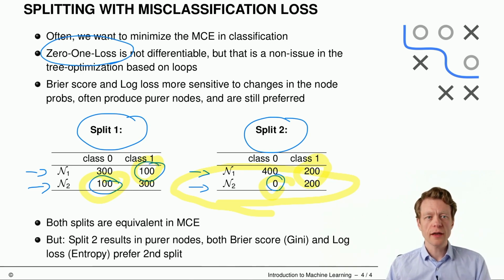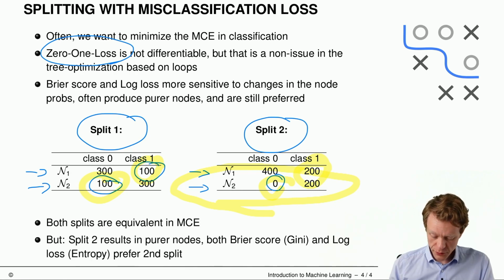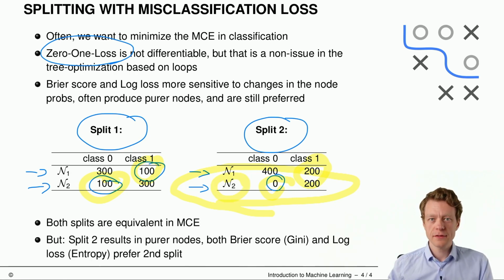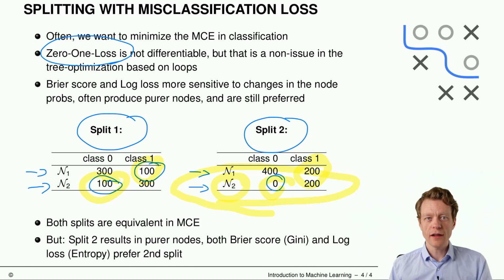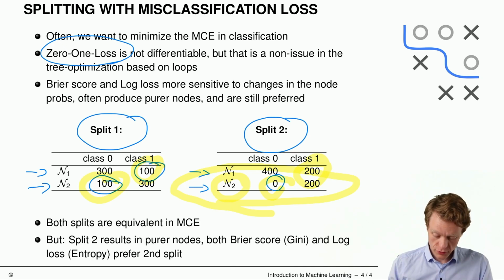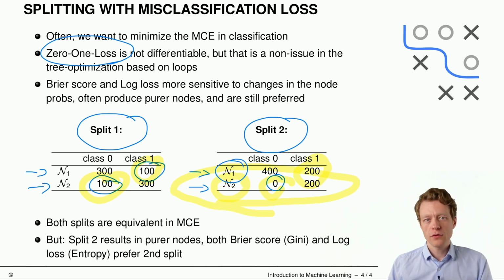But if you use Brier score or log loss, then we end up preferring the second split, which is good because, well, now we already have one pure node, N2, and perhaps in the next split we find something really good to split N1 further. So perhaps we have just with one further split a second pure node if we are lucky somehow. So we usually prefer using Brier score or log loss over misclassification loss.